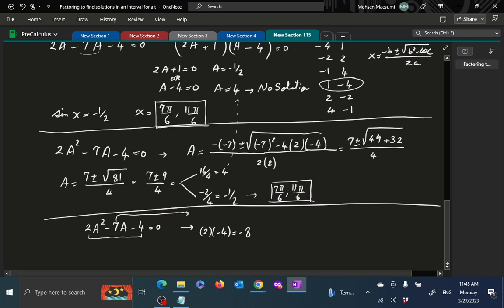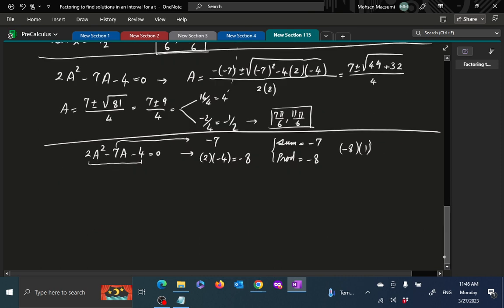And this one also is just minus 7. Find two numbers such that their sum is minus 7 and the product is minus 8. Of course, these two numbers are just minus 8 and 1. If you multiply them, you get minus 8. You add them, you get minus 7.